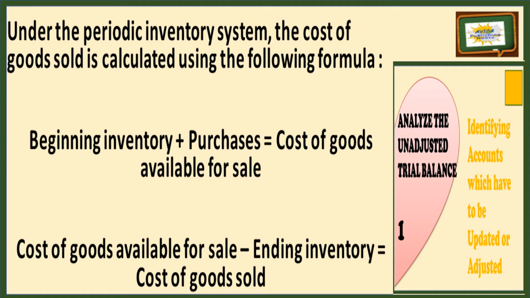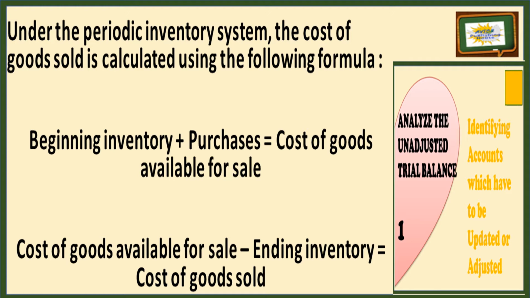The formula to calculate the cost of goods sold under the periodic inventory system is beginning inventory plus purchases is equal to cost of goods available for sale. Cost of goods available for sale minus ending inventory is equal to cost of goods sold.